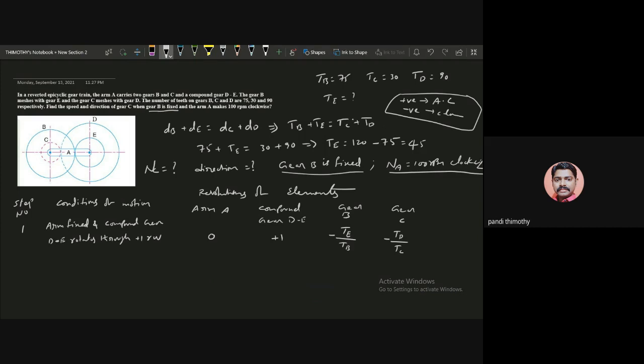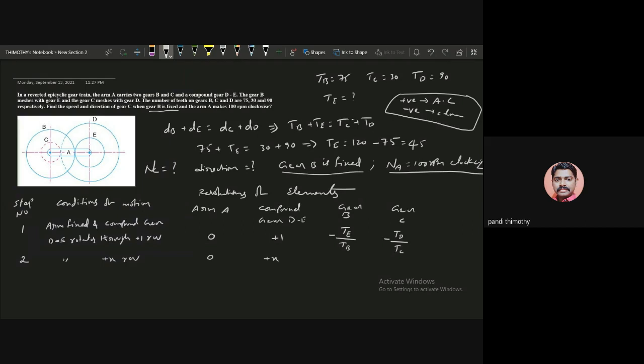So step number 2 is where we are generalizing. Here I have taken arm fixed and compound gear DE rotates +1 revolution. Similarly, instead of +1, I will take some x revolution. Arm fixed means 0, compound gear DE plus x.